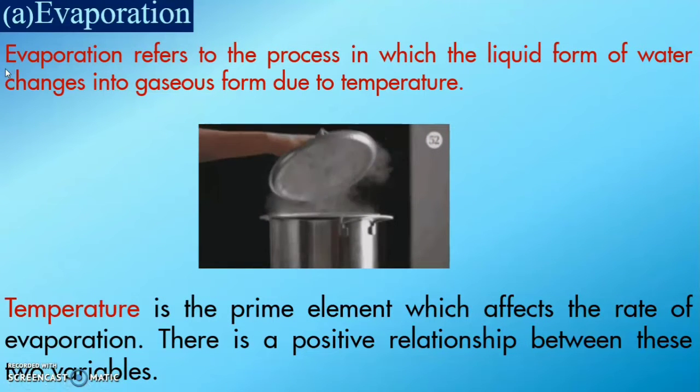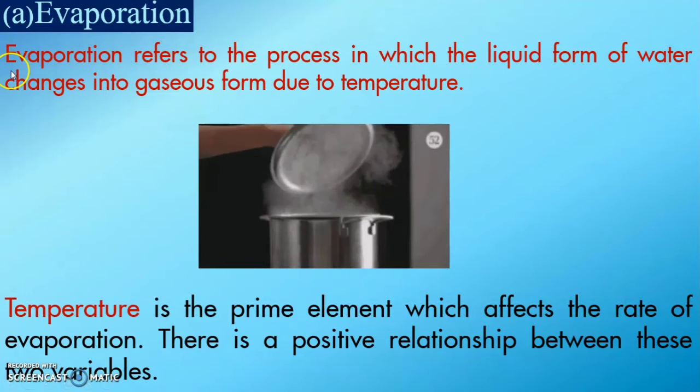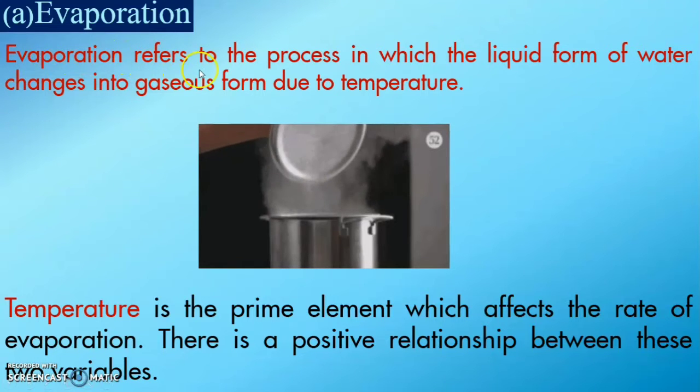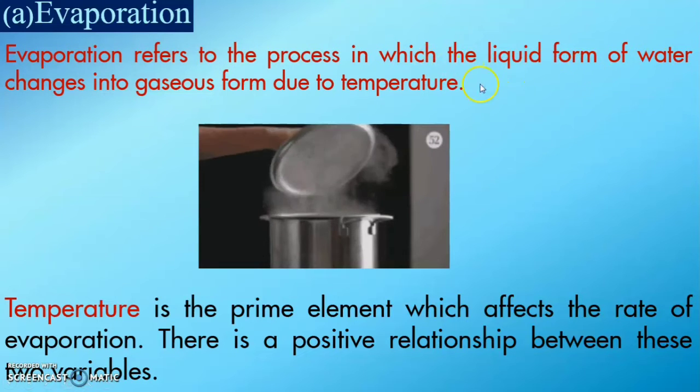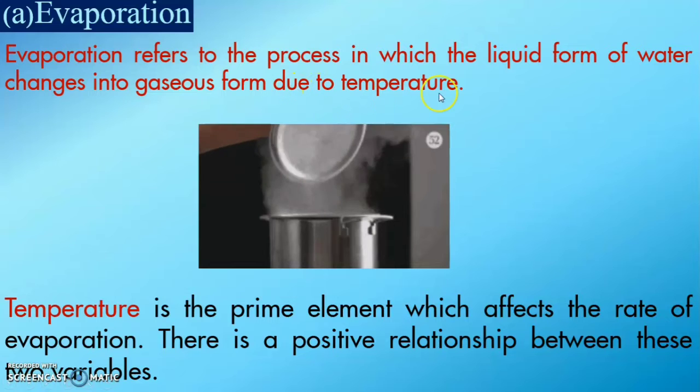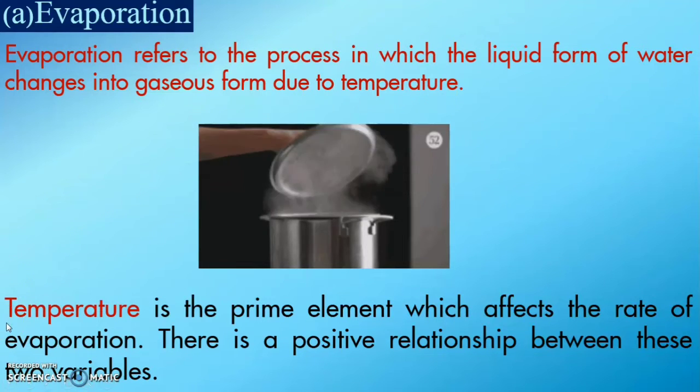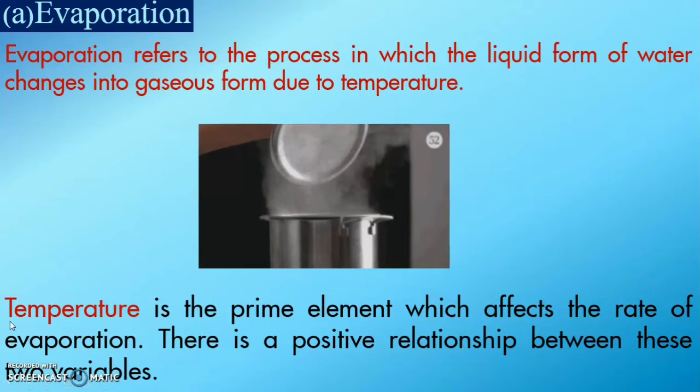Now, let's understand the concept of evaporation clearly. Children, evaporation refers to the process in which the liquid form of water changes into gaseous form due to temperature. So, what happens during an evaporation process? Yes, the liquid form of water changes into the gaseous form due to temperature.